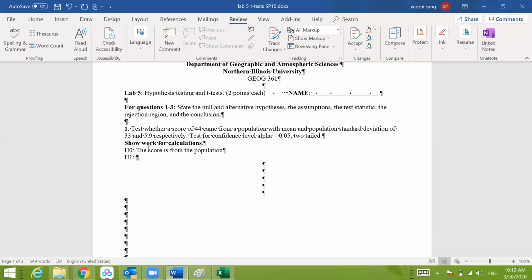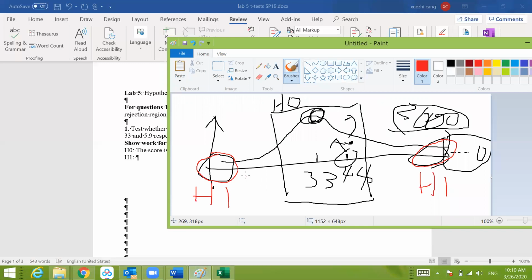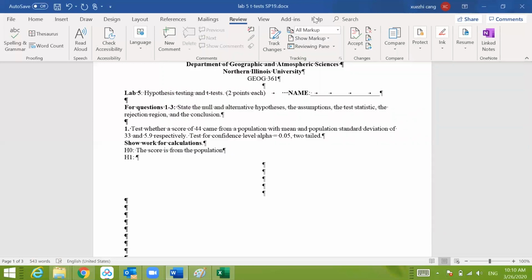Then the alternative hypothesis is the head part and the tail part. It means this score is not from this population. Correct?